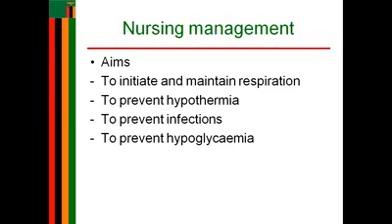Also, you can observe for signs of jaundice, bowel, and also bladder function. You can check weight gain, which should be between 100 grams to 150 grams per week. You can also observe the feeding pattern. So all these points, you can put them under observation.